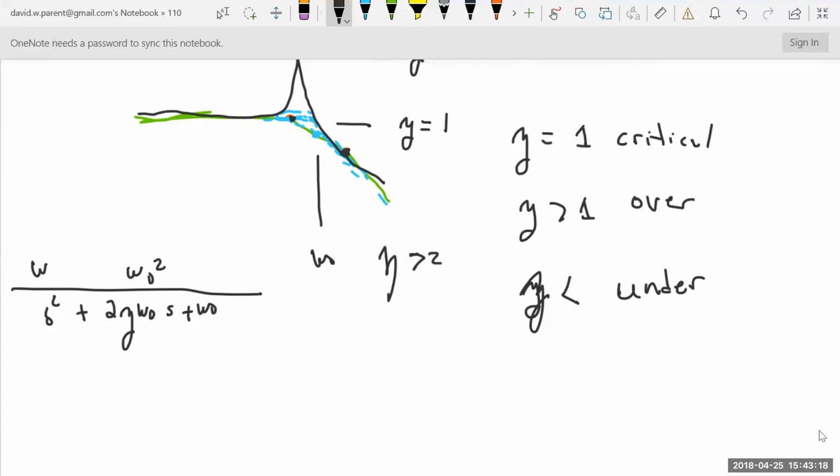But omega naught is not this one, nor is it this one, and it's not necessarily where the peak is.